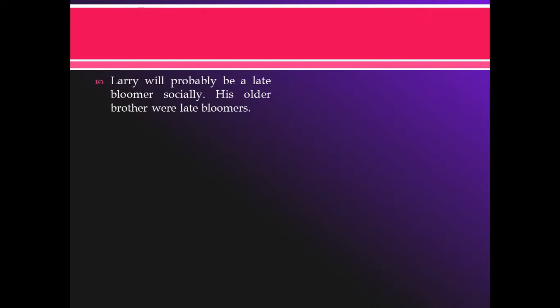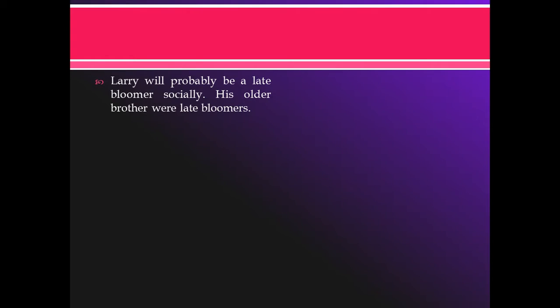Here's another example. Larry will probably be a late bloomer socially. His older brothers were late bloomers. Now, what they're trying to say here is Larry will probably be a late bloomer socially because all of his brothers were late bloomers. He probably followed in their footsteps, right? That's what they're trying to say.